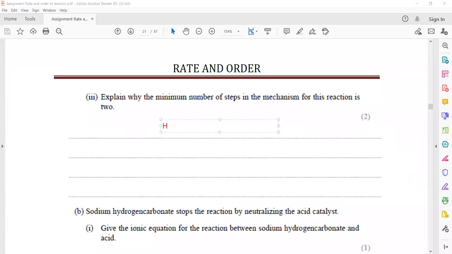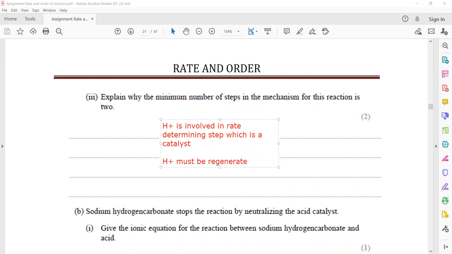Here hydrogen ion, which is a catalyst, is involved in the rate determining step, and it must be reproduced or regenerated for this reaction.